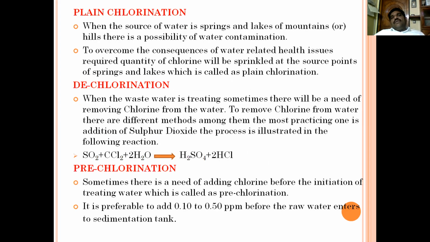Next one is plain chlorination. See here, when the source of water is springs, lakes, or mountain hills, we will adopt this method, where the required quantity of chlorine will be sprinkled at the source points of the springs and lakes, which is called plain chlorination.